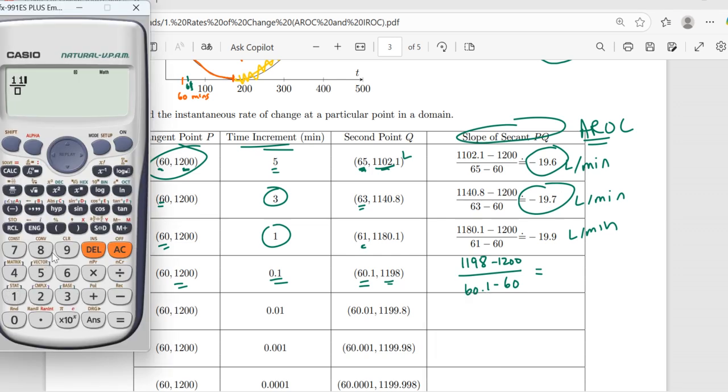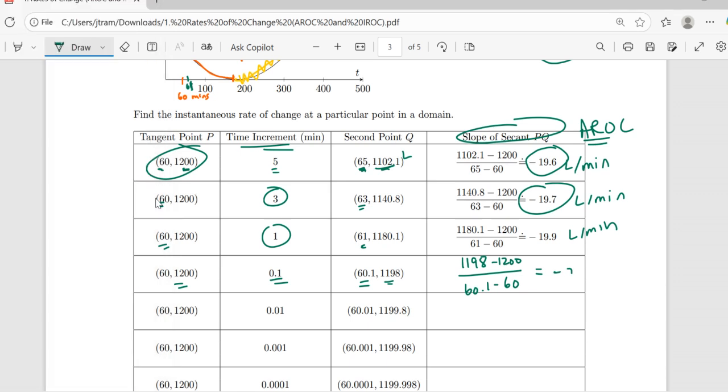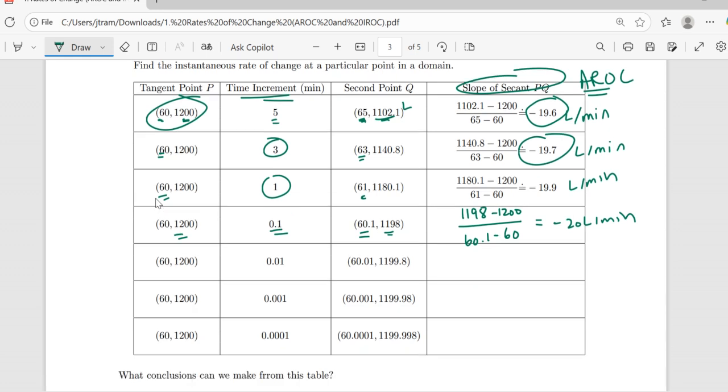So we got 1198 minus 1200 over 60.1 minus 60, which gives us roughly negative 20 liters per minute. So let's get even closer. I'm going to skip these two because I think you get the idea.